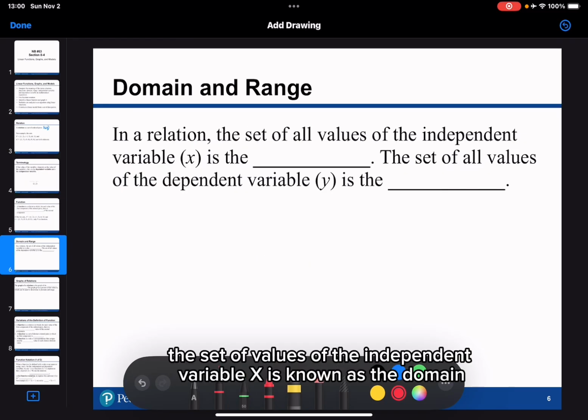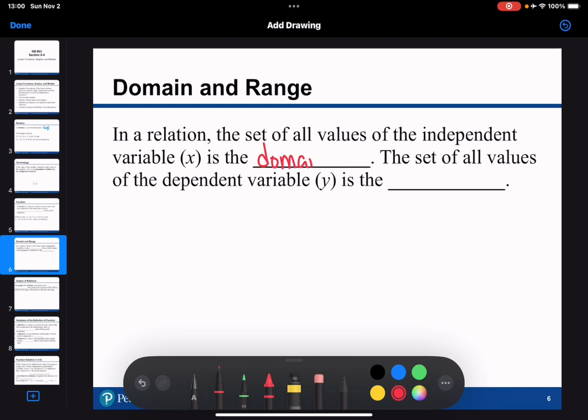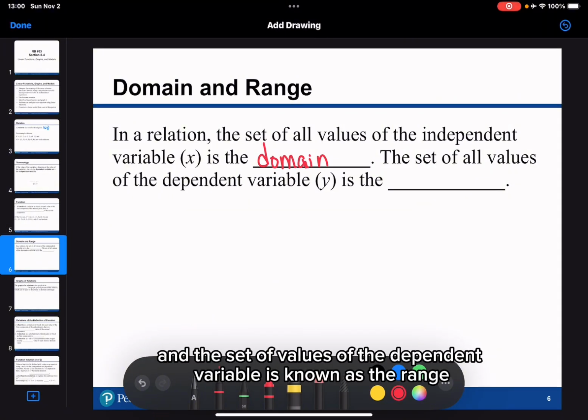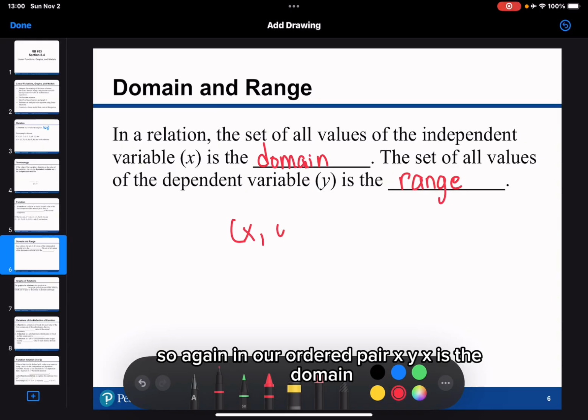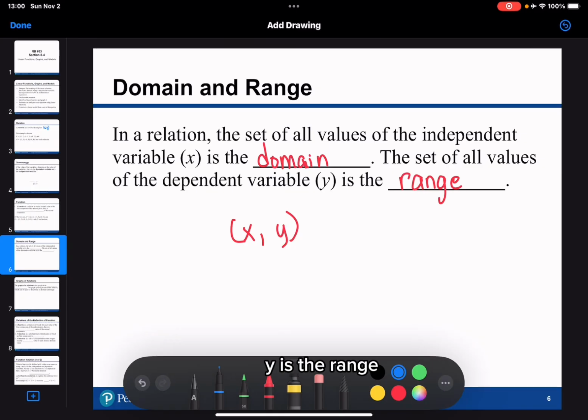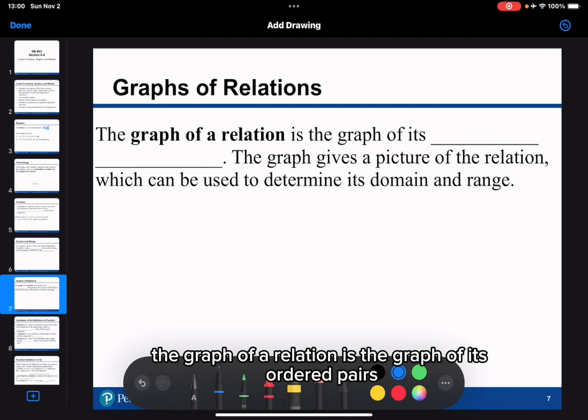In a relation, the set of values of the independent variable x is known as the domain. And the set of values of the dependent variable is known as the range. So again, in our ordered pair (x, y), x is the domain, y is the range. The graph of a relation is the graph of its ordered pairs.